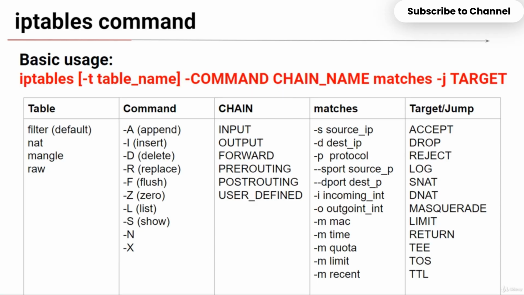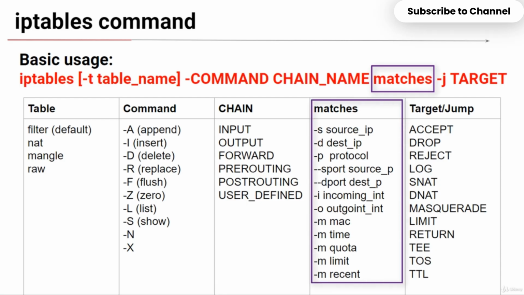Each rule has a matching and an action component. The matching part of a rule specifies the criteria that a packet must meet in order for the associated action or target to be executed. A match is something that specifies a special condition within the packet that must be true or false, and a single rule can contain several matches, and the entire rule condition is true if all the matches are true.